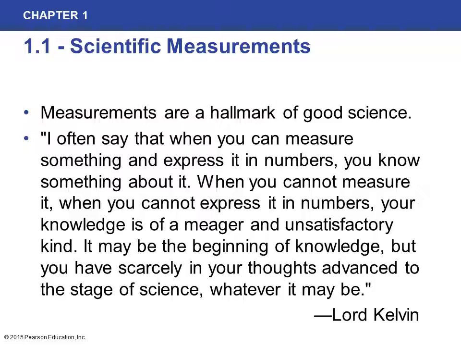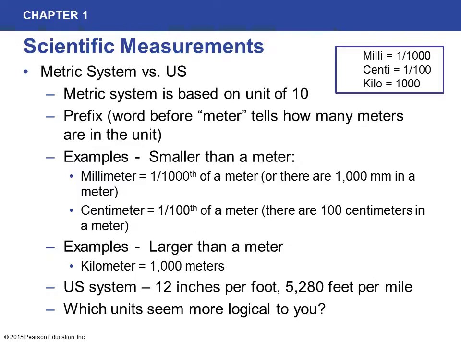It may be the beginning of knowledge, but you have scarcely in your thoughts advanced to the stage of science, whatever it may be." He was really a big proponent of the metric system and of measurements in general. So in physics, measurements will be an important part because it's knowledge about things that can help us understand what we are studying.